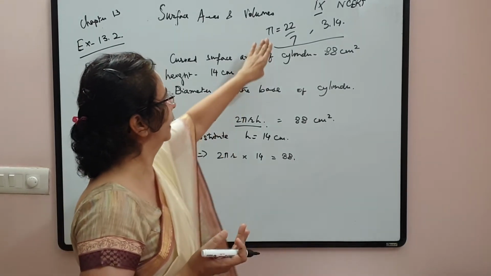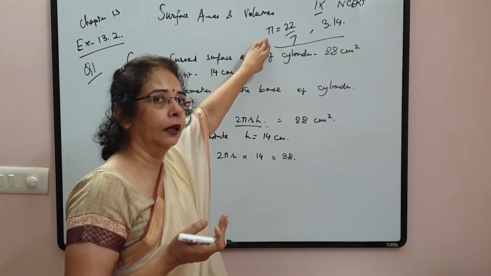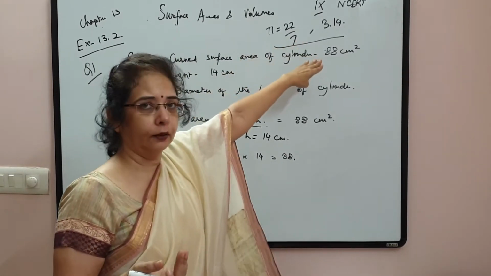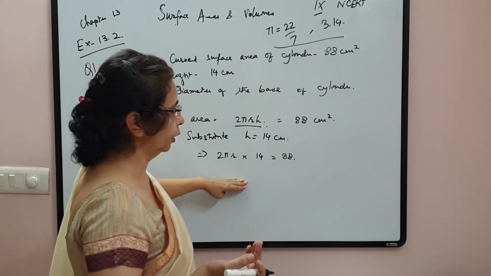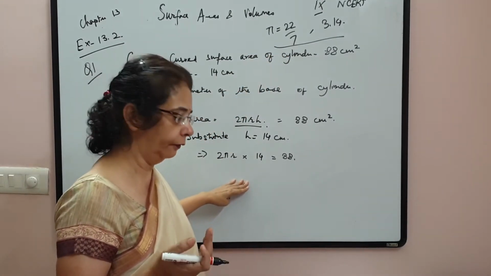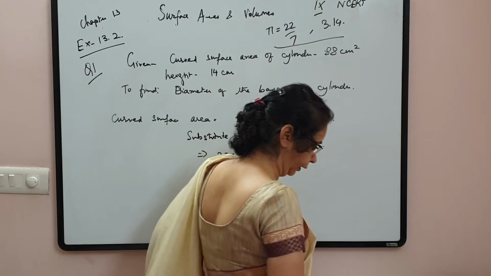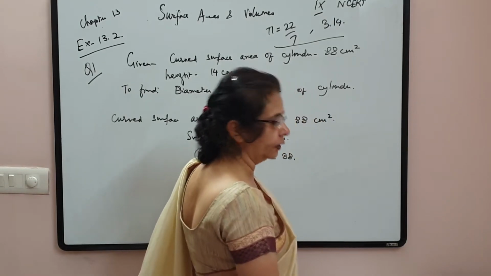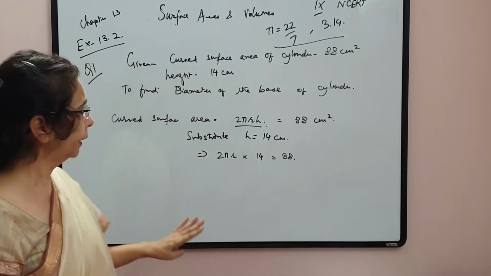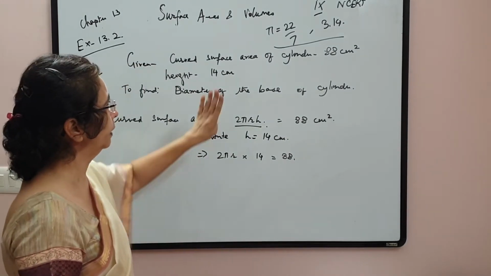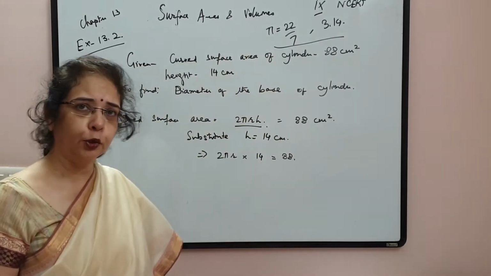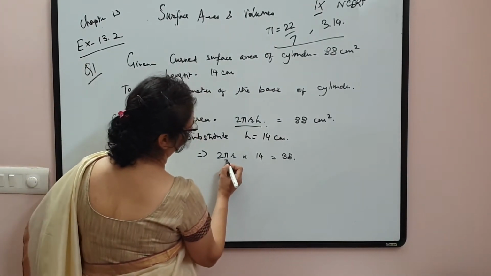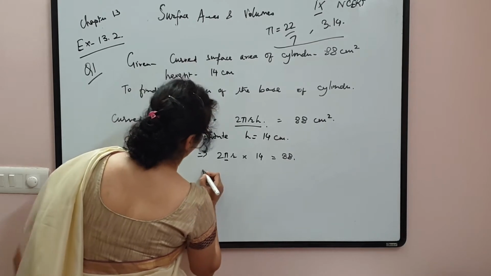If you think that taking 22 by 7 as pi is more helpful in doing calculation, you take that. Otherwise, you take 3.14. But in these questions in the NCERT, on the top of the chapter they have written assume pi is equal to 22 by 7 unless otherwise stated. So that means in this case it is not stated. That means you have to take the value of pi as 22 by 7. Okay. So here let us take the value of pi as 22 by 7.